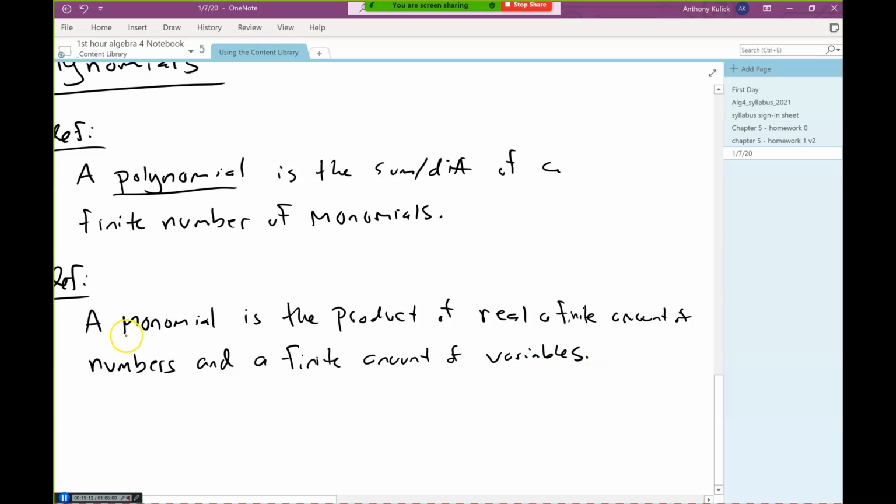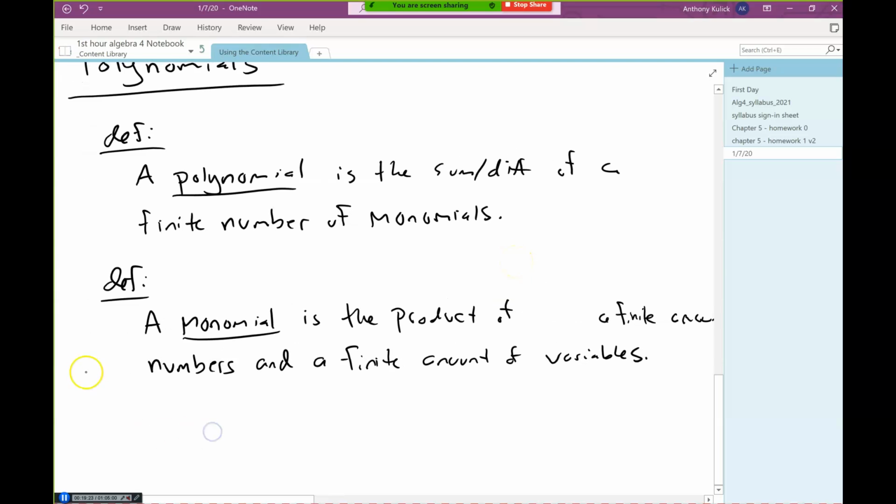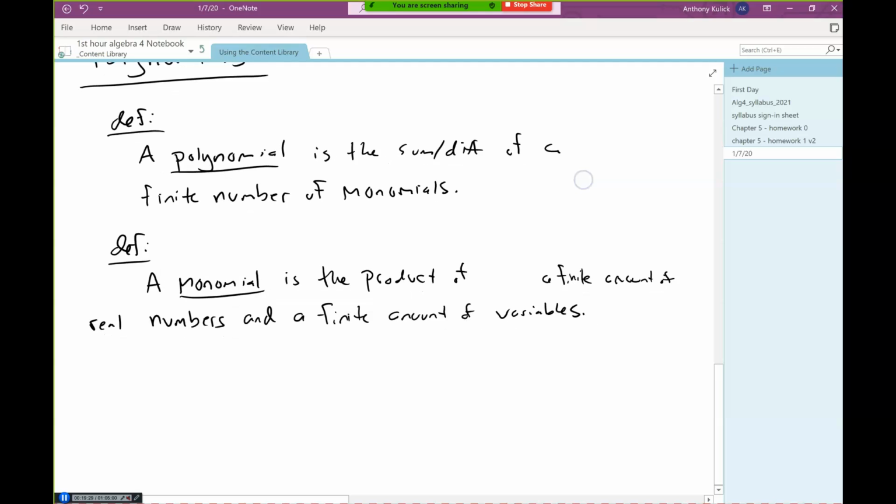Okay, so a monomial is the product of a finite amount of real numbers, boy, I butchered that, and a finite amount of variables.